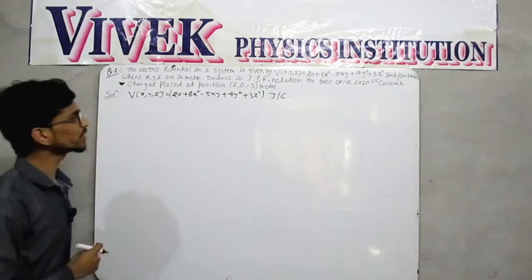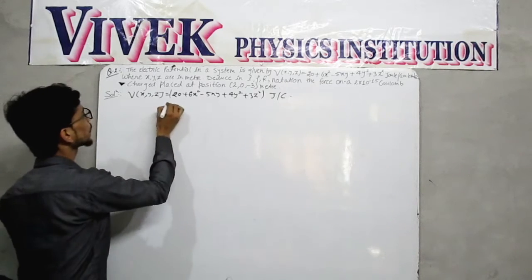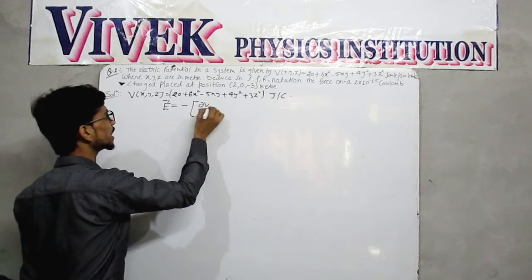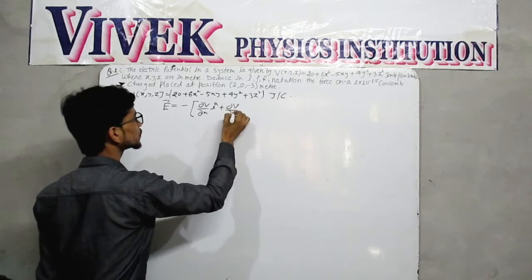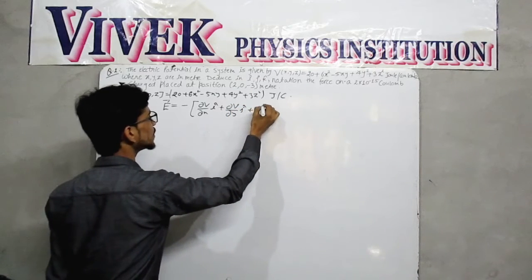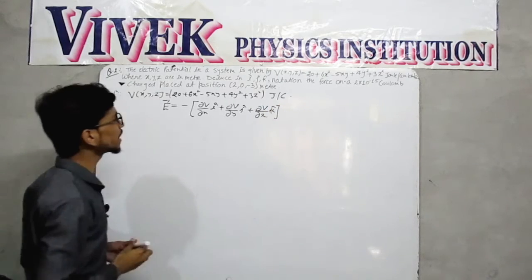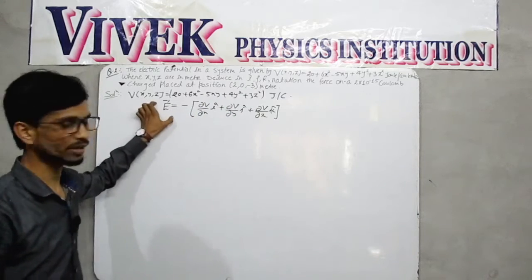And also we know that the negative derivative of electric potential gives us the electric field. So I can write E equals minus del V upon del x i plus del V upon del y j plus del V upon del z k, which shows the negative derivative of electric potential gives us the electric field.